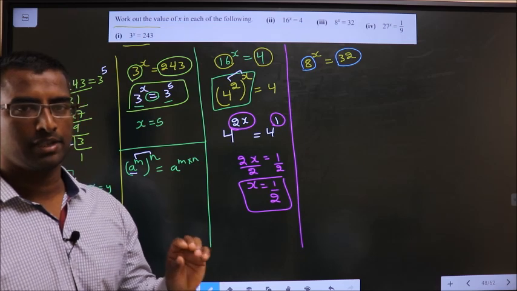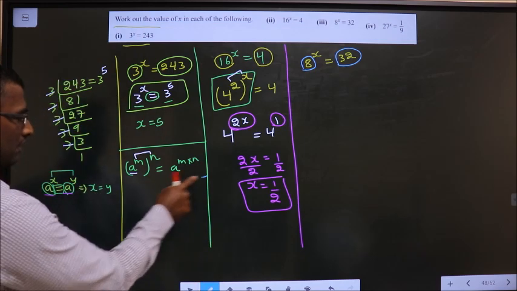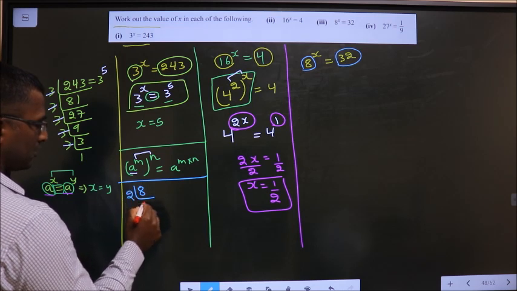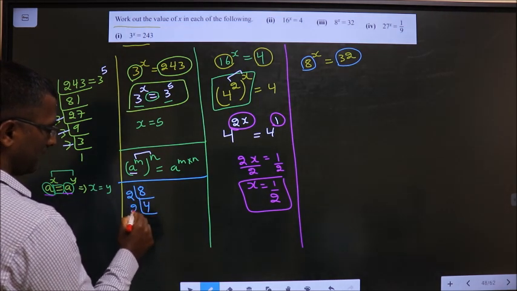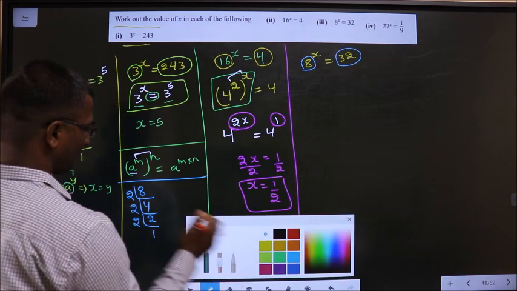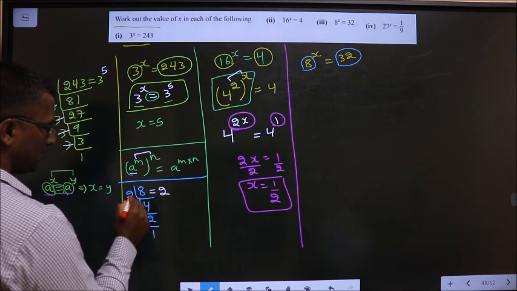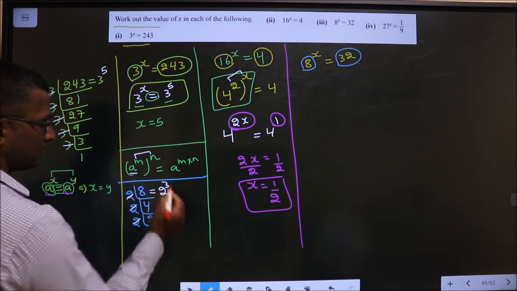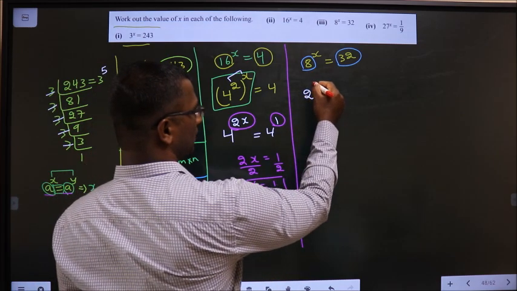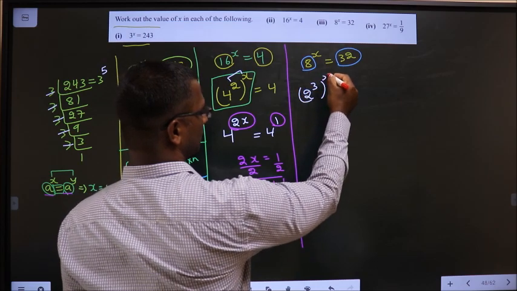And how do I do that? See here. First take the LCM of 8. So that is 2 4s, next 2 2s and next 2 1. So 8 is nothing but 2 power 3. So here it is 2 power 3 power x.